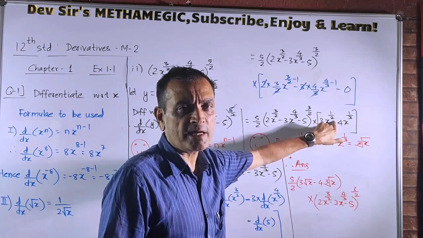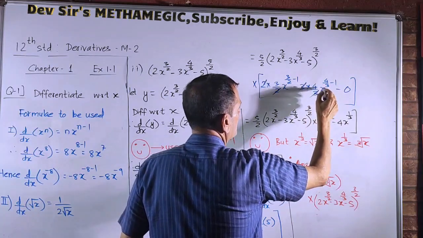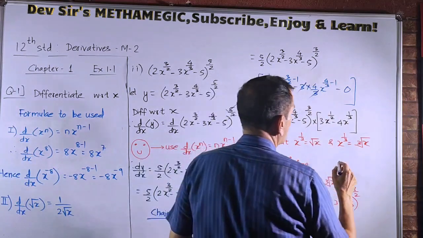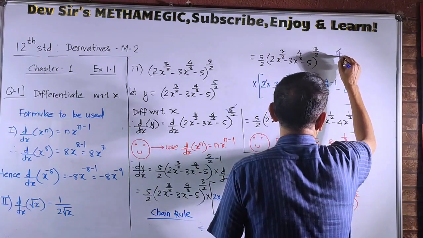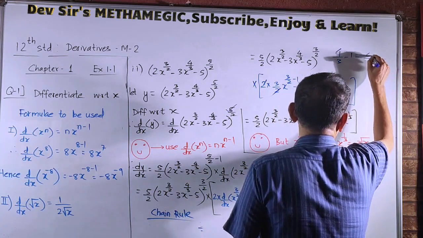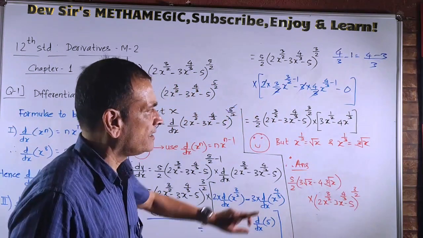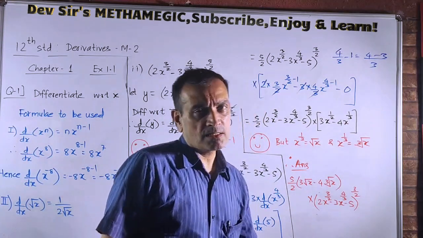You can calculate and check. 3 gets cancelled. 4 by 3 minus 1. 1 into 3 is 3. 4 minus 3, 1 by 3. That is our answer. Finished.